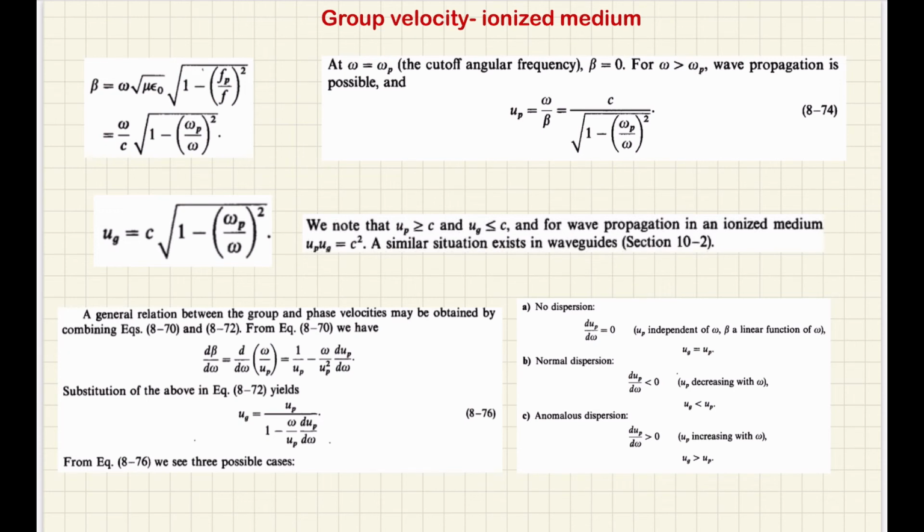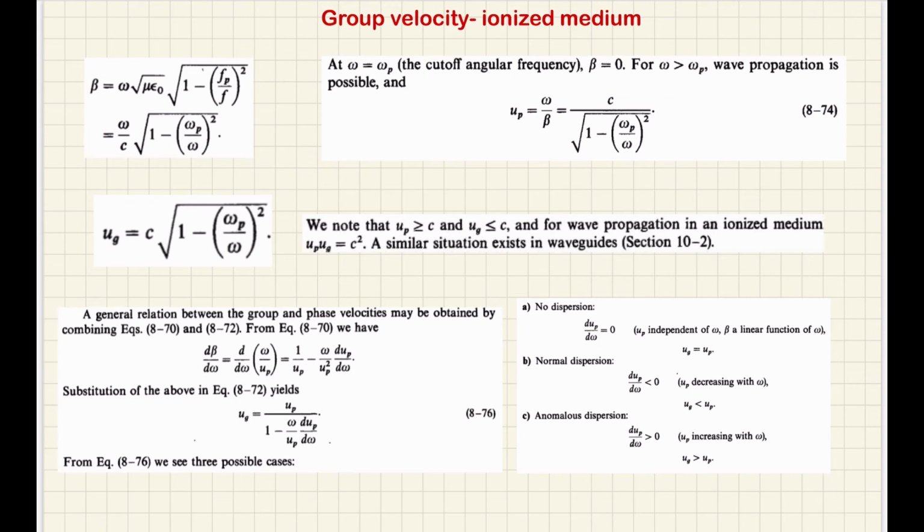At this point beta is 0, and for omega greater than omega p, wave propagation is possible. When the frequency is less than the cutoff frequency, there is no propagation. The wave will be attenuated fast. And if omega is greater than omega p, there will be wave propagation.